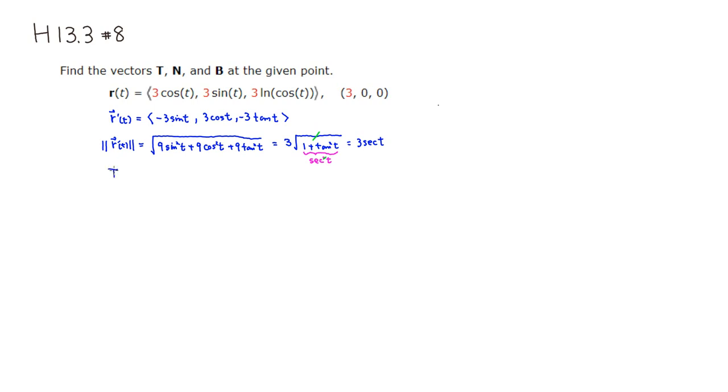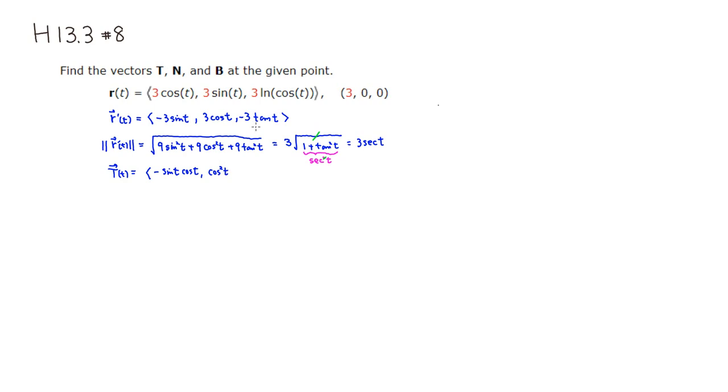So let's find the tangent vector T of t. We are dividing by 3, so all the 3's cancel out. And dividing by secant is multiplying by cosine. So you're going to get negative sine of t times cosine of t, then cosine squared of t.